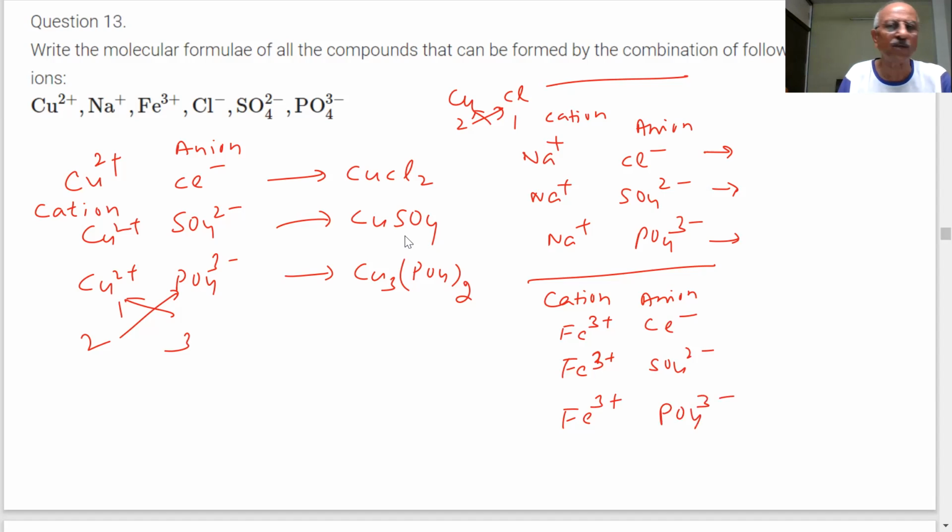Okay, you have 2 minutes to answer these questions. How to write the molecular formula of the compounds? Important questions, students.